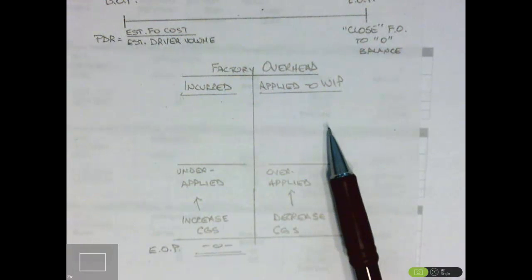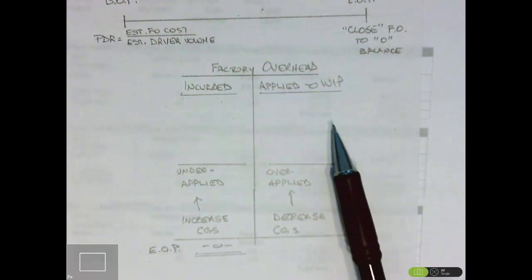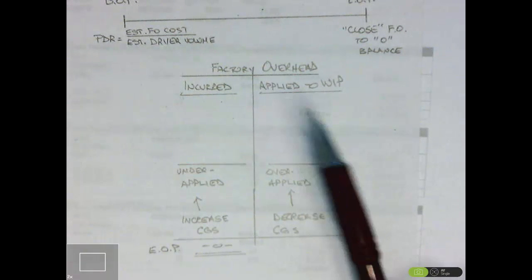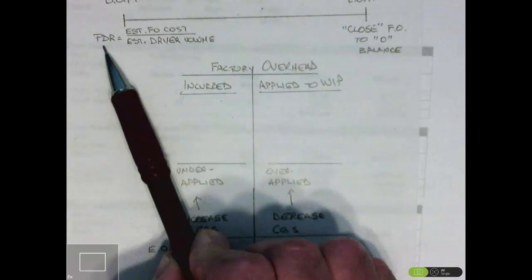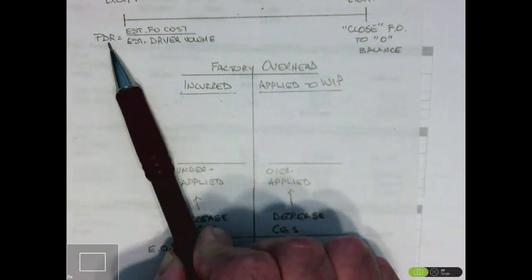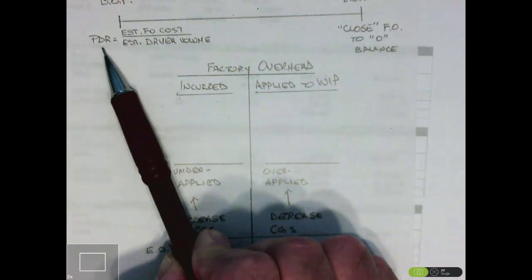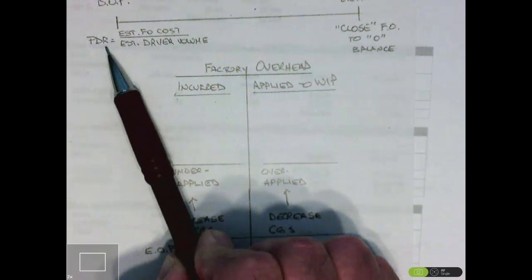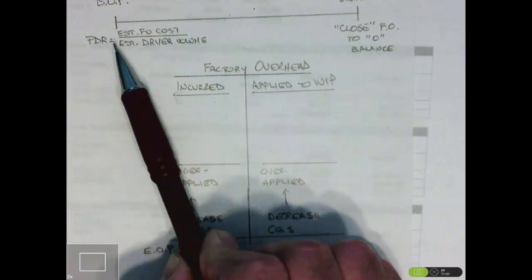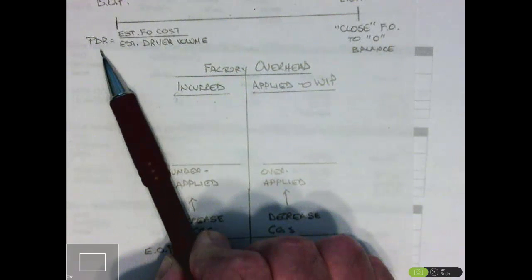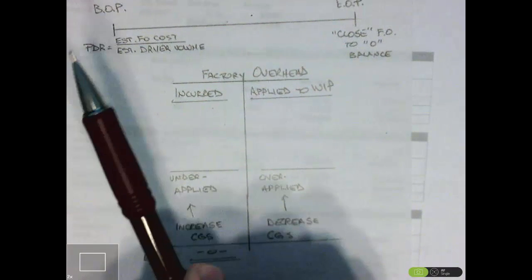As jobs are completed, a certain portion of that cost that's incurred is allocated to the various jobs using this PDR that we just calculated. Now remember, this PDR is an estimate, and any estimate may be right, it may be wrong, it may be over, it may be under, so there is a built-in error to this system.